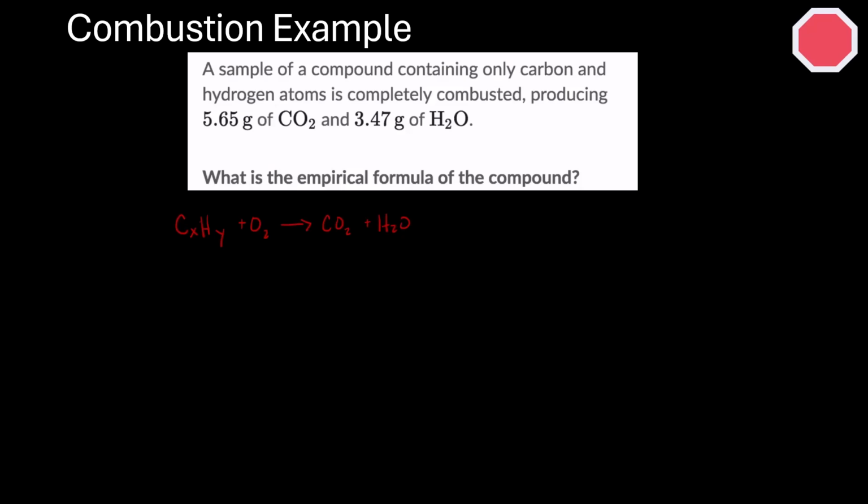What I've just described is a chemical reaction, though I haven't balanced it yet, and balancing it with X's and Y's isn't the point of this example. So we're not going to worry about that right now.